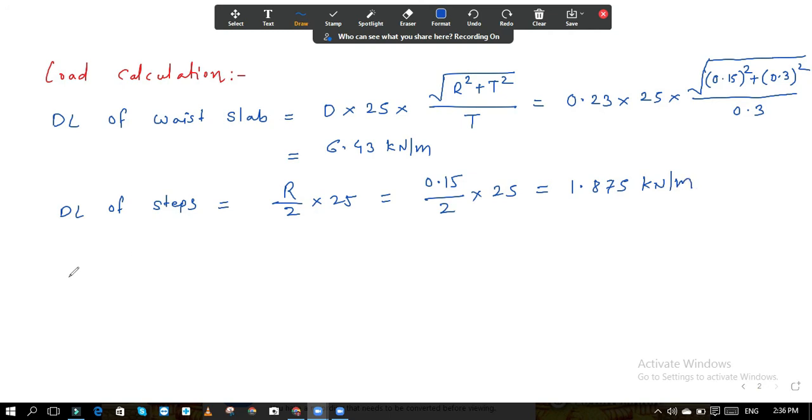Then floor finish is not given. So floor finish, here we will assume 1 kilonewton per meter square.